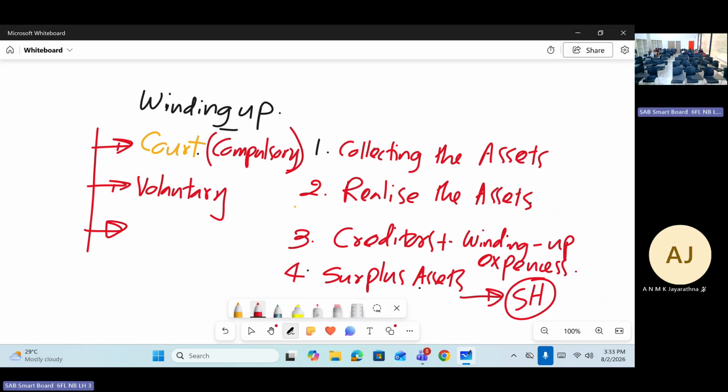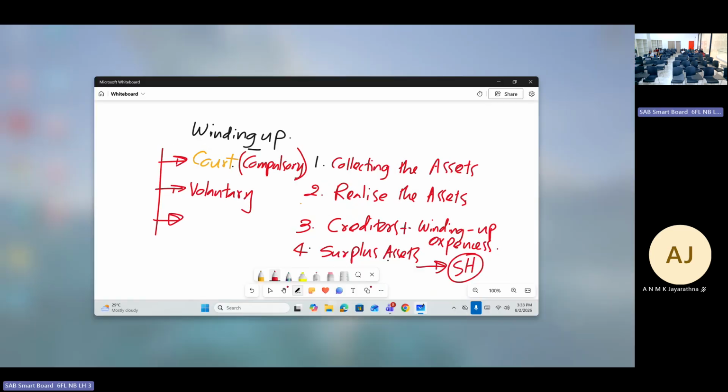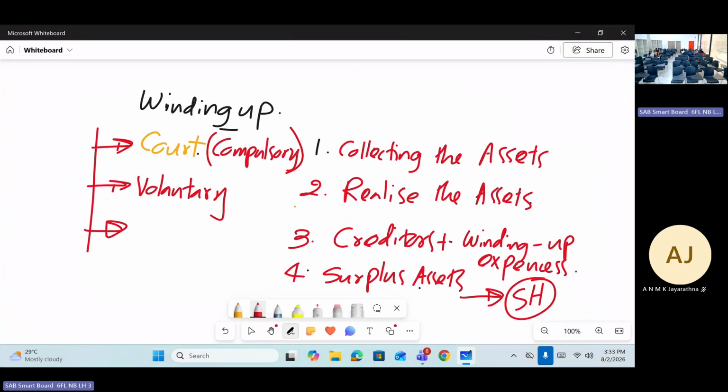What resolutions can be passed at a meeting? There are basically two types of resolutions: ordinary and special. Ordinary resolution means a resolution which is passed by a simple majority of votes. I told you, more than 50%. That is simple majority.